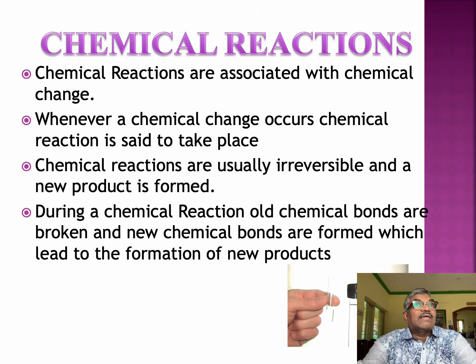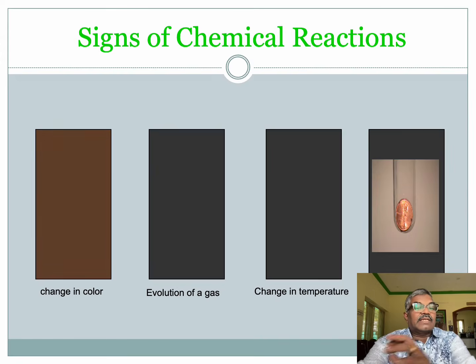This is how you can say it chemically. Suppose somebody asks what a chemical reaction is. You can just say it's an irreversible change where new products are formed. But chemically you can say that new bonds are formed after the breaking of the old bonds. Okay, so that is a chemical reaction.